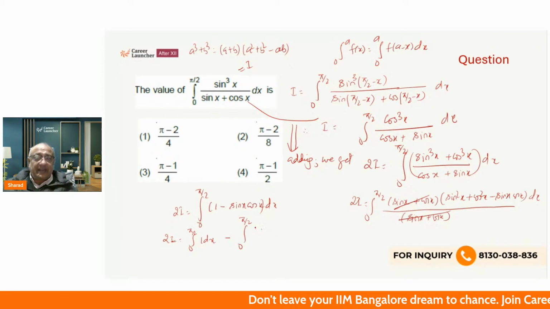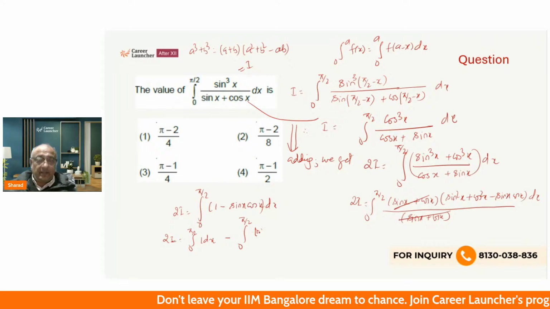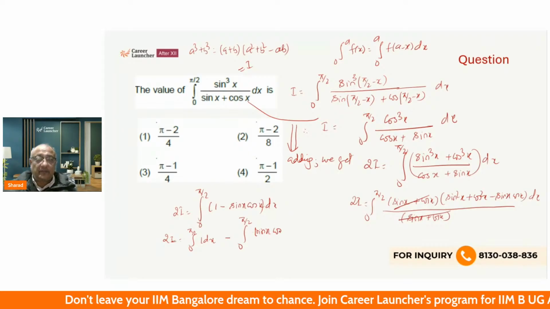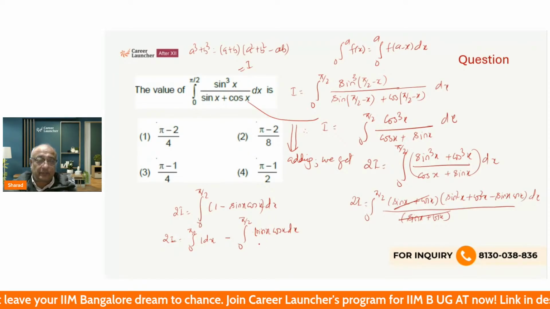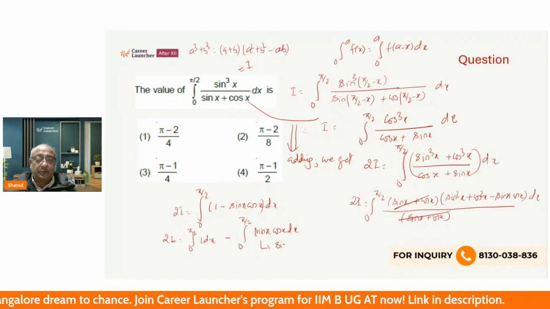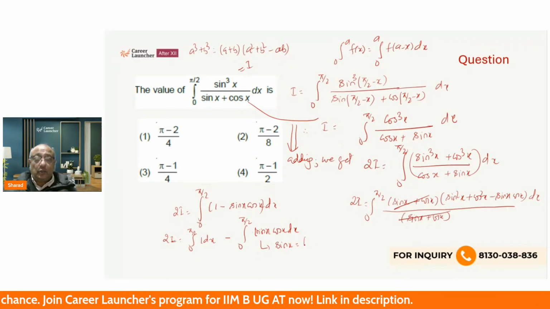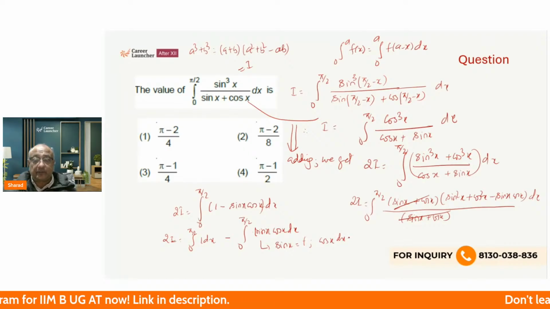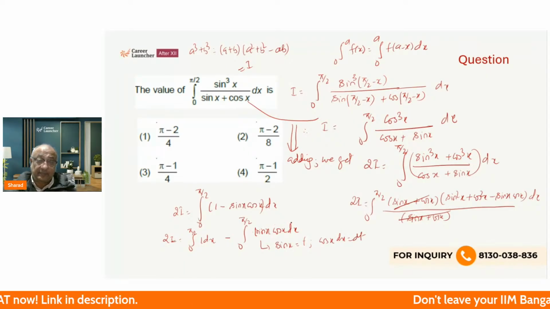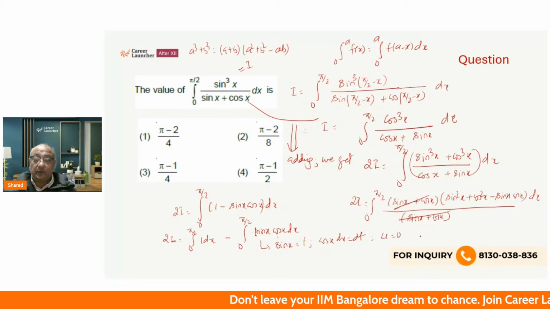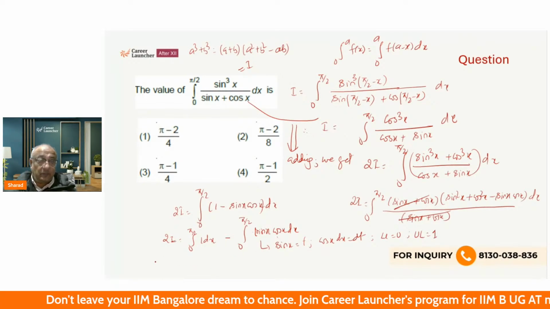Let us say sin x is equal to t. You could take sin x is equal to t, so cos x dx will be equal to dt. This is very easy. And the lower limit will be 0 and the upper limit will be 1.